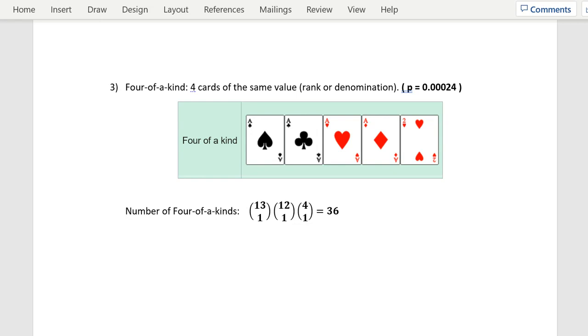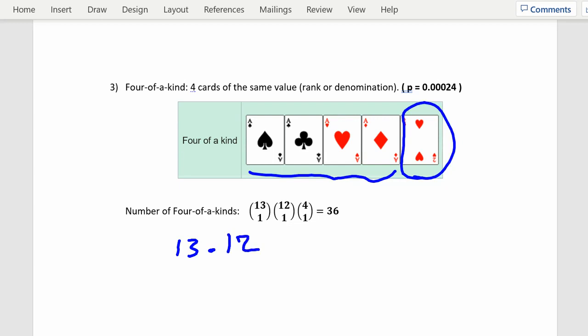So for 4 of a kind, again, the first denomination, if you will, that we can have, it could be any one of the 13 denominations, right? So I could have 13 times, and then the remaining card, the 5th card here, could be any of the remaining 12 denominations.